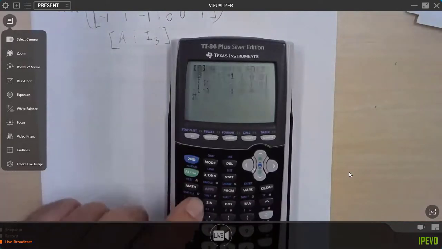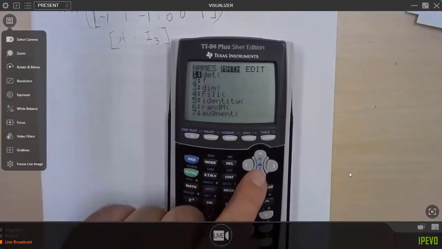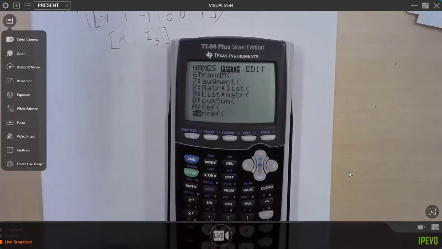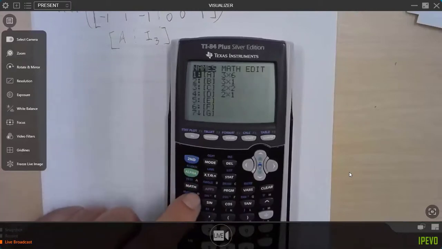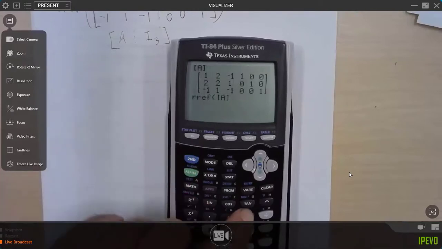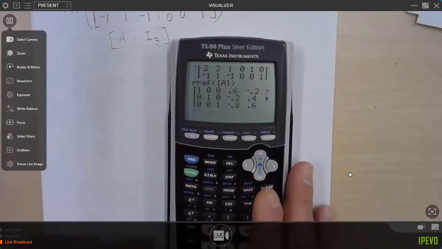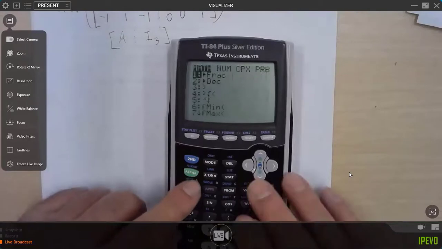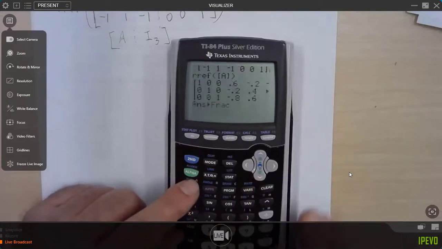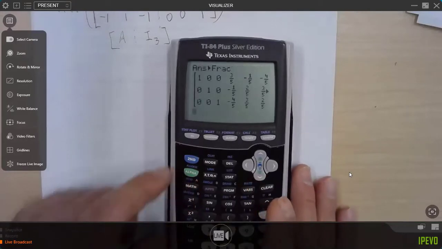Then I will compute the row reduced echelon form, and I would like to see if we can get fractional form here.